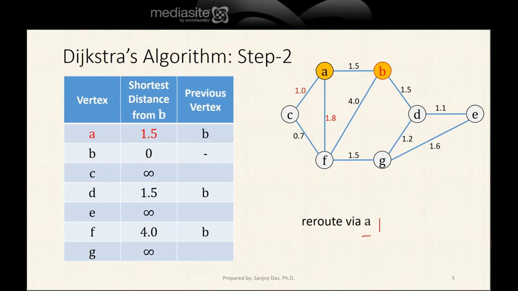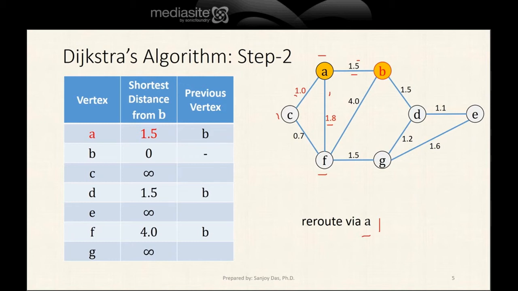This time, in step 2, I'm looking at A. Since I'm looking at A, from A I can only reach F and C. Therefore, I've colored these edges, A to F and A to C, red. I didn't bother coloring this 1.5 that's connecting A and B red because B has already been visited. It's a visited vertex, so I don't worry about it.